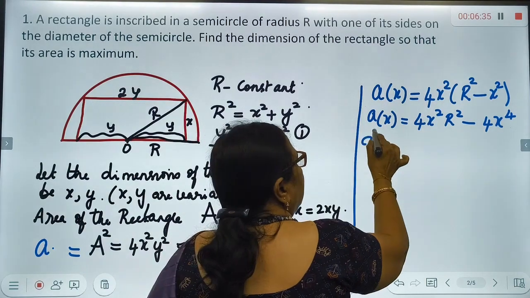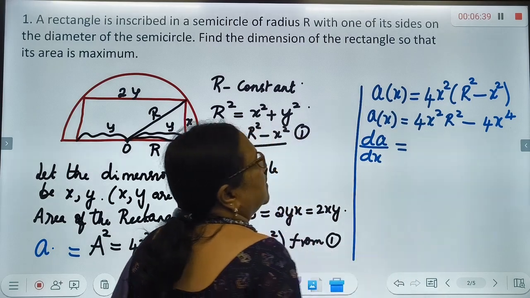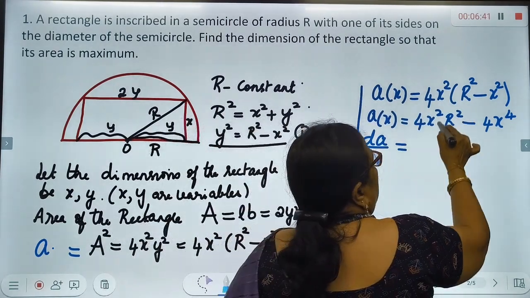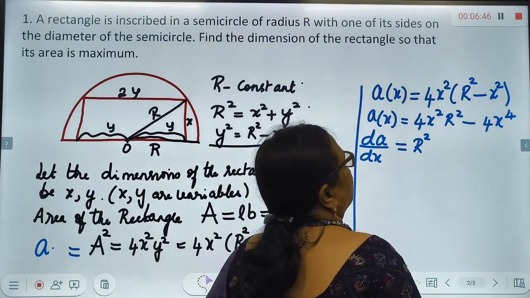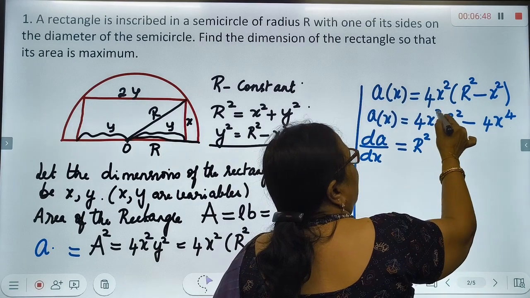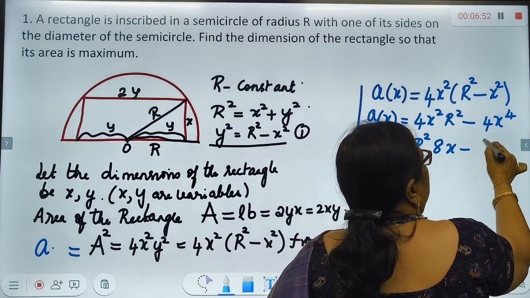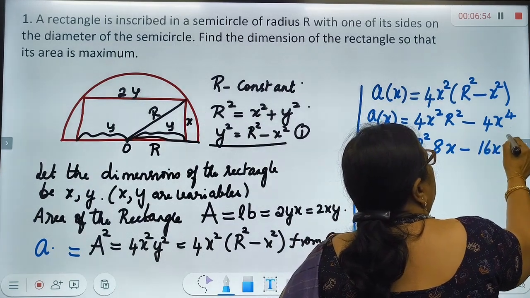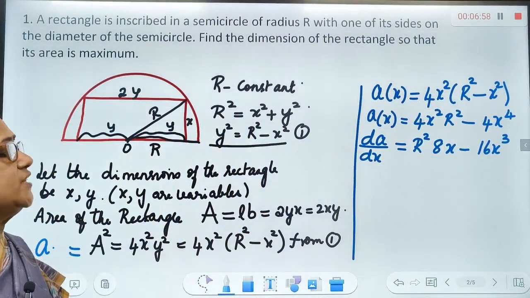Now, da by dx. R square is a constant, so I have to keep it as it is. Differentiating 4x square will give me 8x, minus differentiating this will give me 16x cube. The derivative of 4x power 4 is 16x cube.